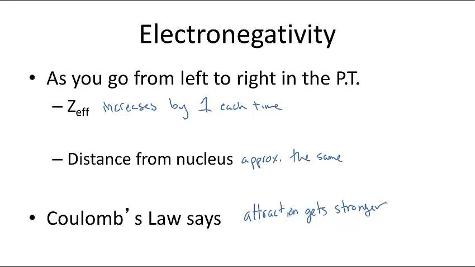Sodium is actually the biggest atom in the third period, and argon is the smallest, even though argon has a higher atomic number. That's not something you need to know for this class, but it is something that you'll have to know if you take college chemistry or AP chemistry. But then as you go from argon to potassium, you're adding another energy level, so potassium is much bigger than argon.